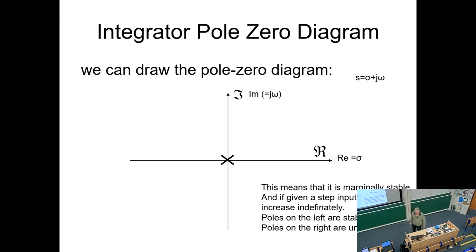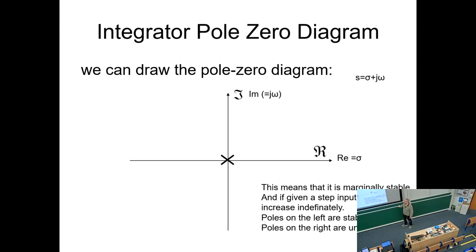If you know anything about systems, you will know that a pole on this axis means the system is marginally stable, which means if you don't do anything to it, it's likely to behave itself, but as soon as you do something to it, it becomes unstable, which is the nature of the infinite response that drifts slowly to a value. If the pole was over here, it'd be stable. It wouldn't drift.